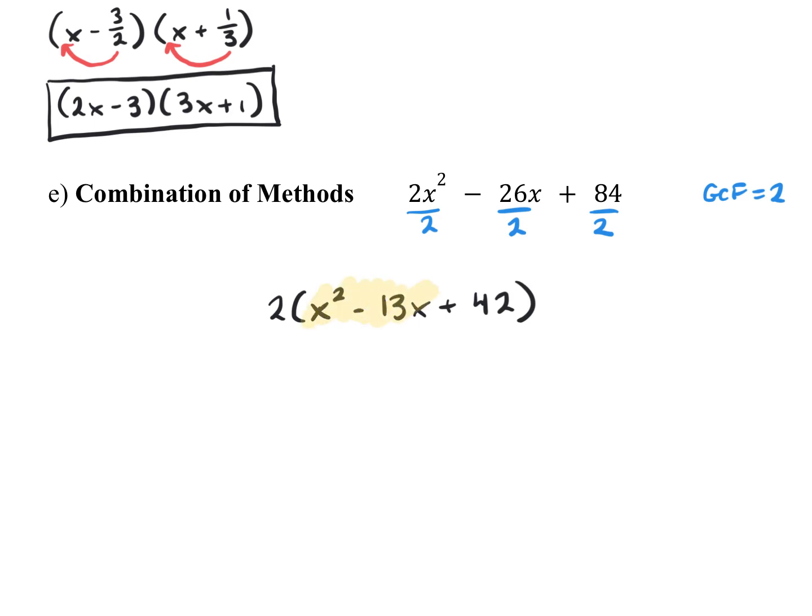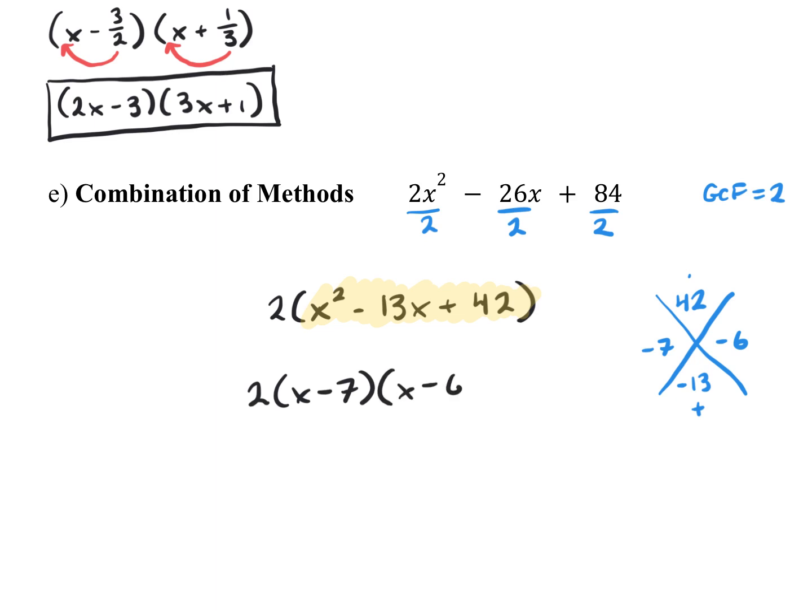Just because you've done one method doesn't mean you're done. So this trinomial is actually factorable. Again, if you want to use that magic x method, you're welcome to. So you ask yourself what multiplies to make positive 42 and adds to make negative 13. So that'd be negative 7 and negative 6. So my factors are 2, x minus 7, and x minus 6.